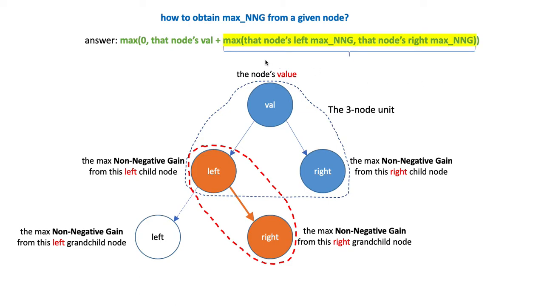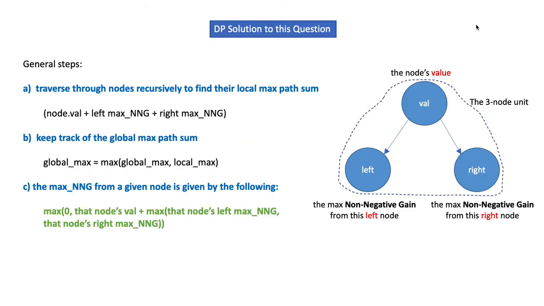And that's why we have this part to decide whether we should go to the left or to the right. Finally, this part, the max plus the node's value, as compared to 0, will give us the maximum non-negative gain from that given node.